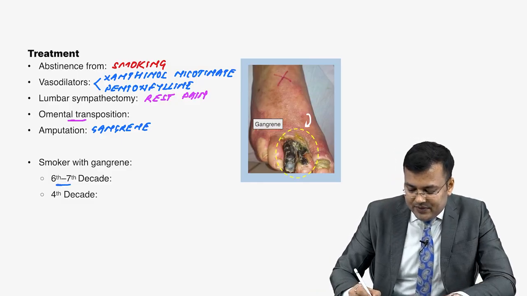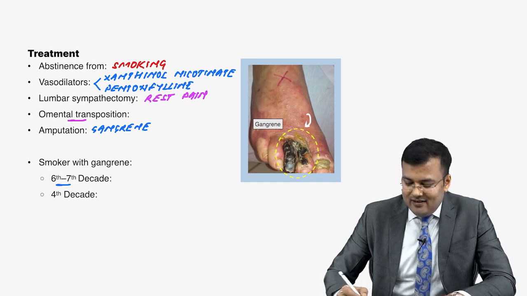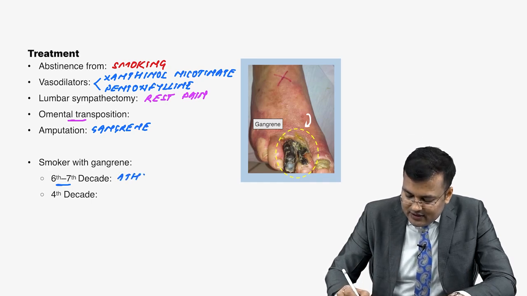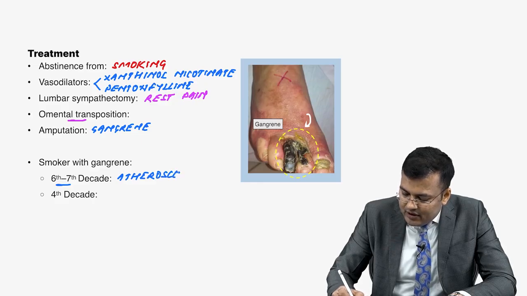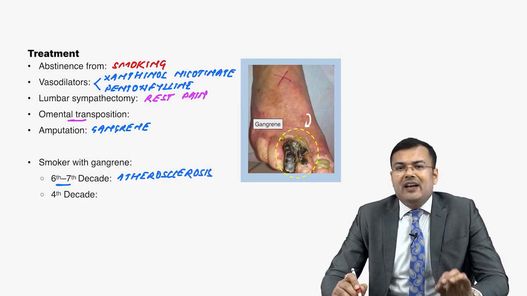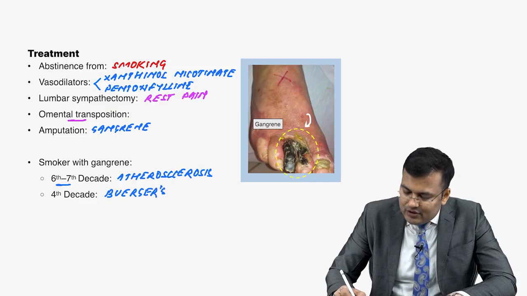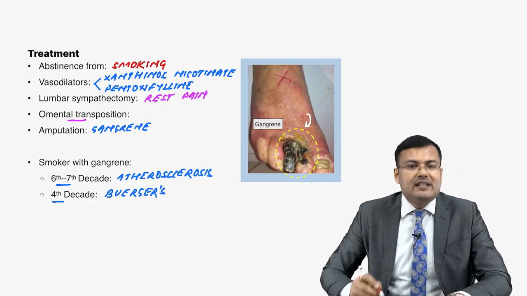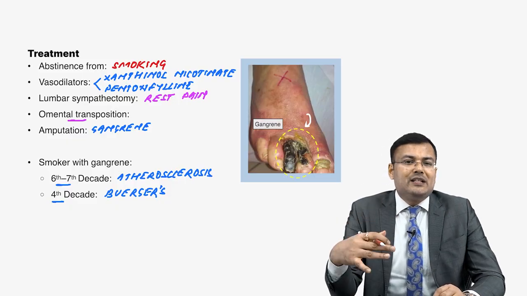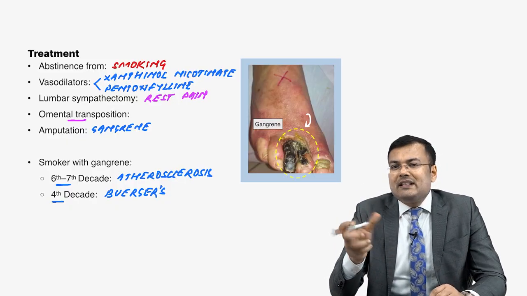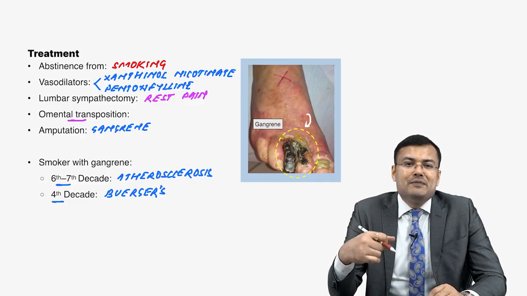So if the age is 6th to 7th decade, it is atherosclerosis. But if the patient is young, around the 4th decade, this is Buerger's. Clear? So guys, look at the age. If it is around the 6th to 7th decade, it's because of atherosclerosis. If it is around the 4th decade, it is because of Buerger's.